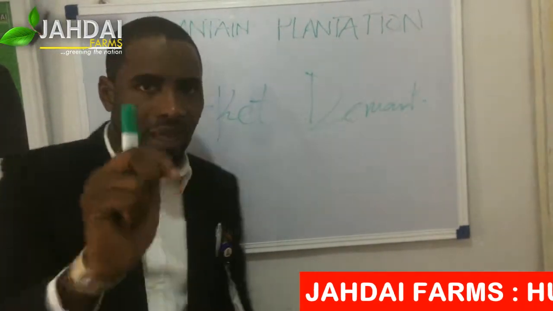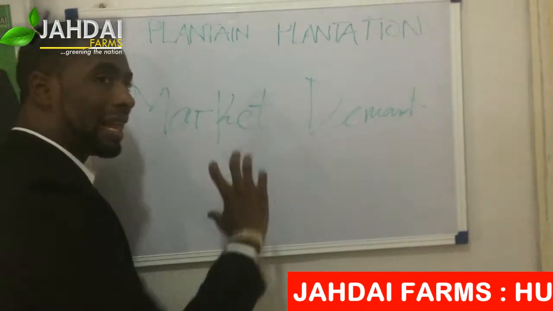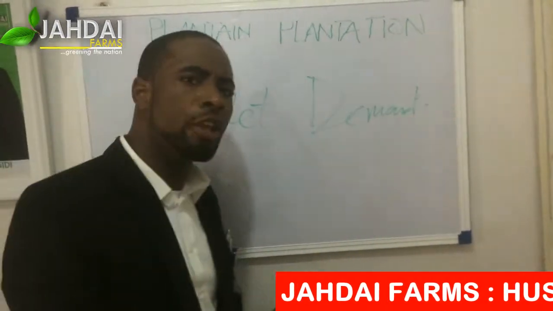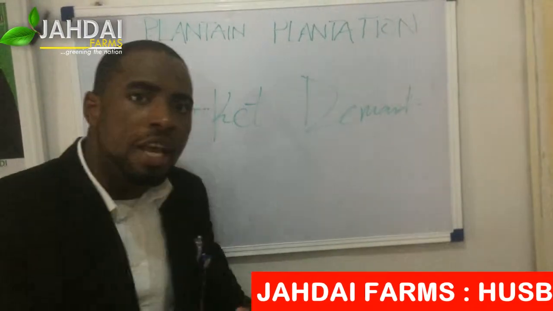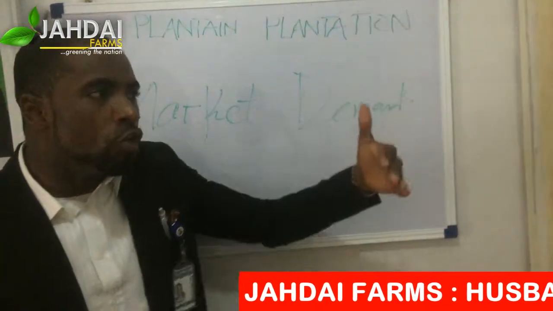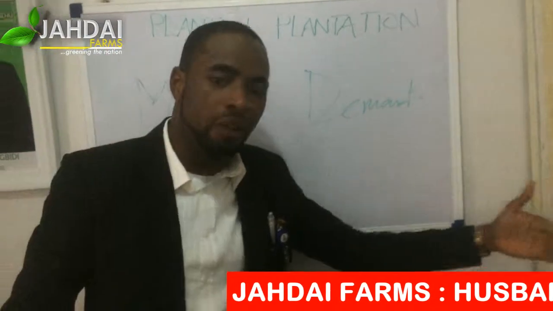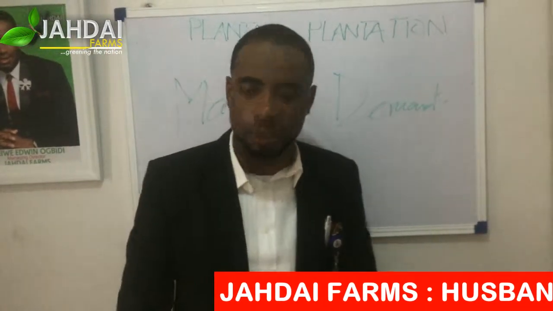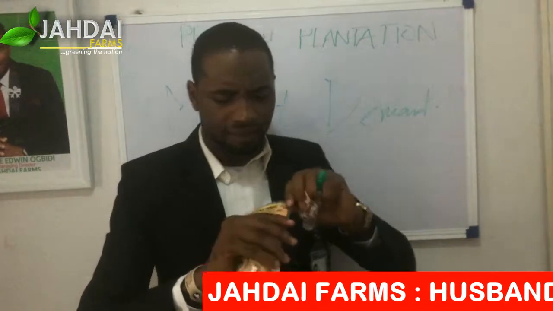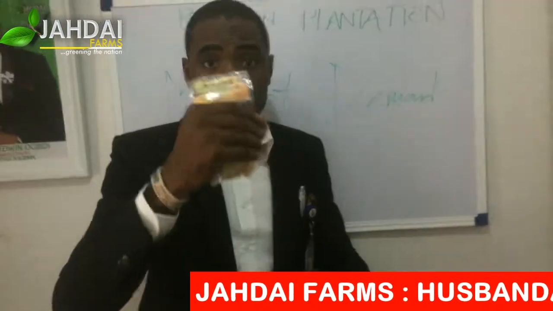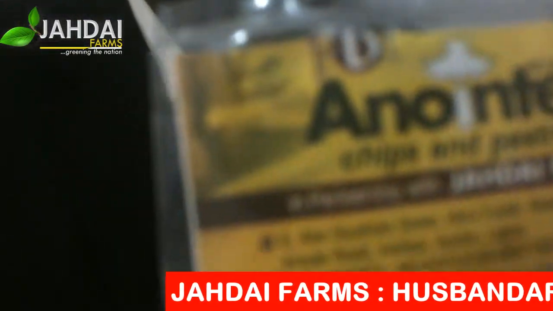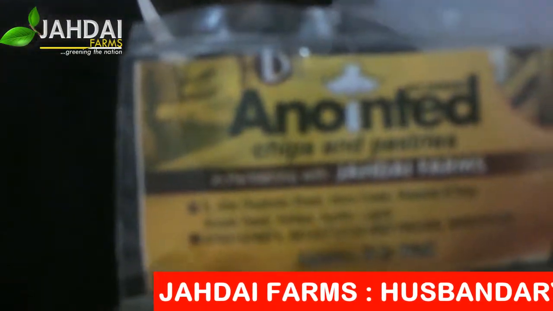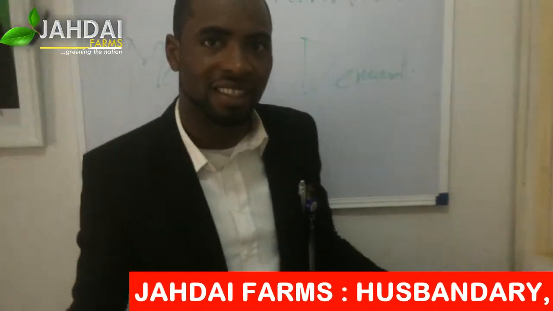Now see, for example, you get your plantain. You can decide to sell your plantain as its raw product. If you want to increase your profits, you can also go for further processing. For example, we have our plantain chips. We are partnering with another company, so we supply them plantain and they produce chips.